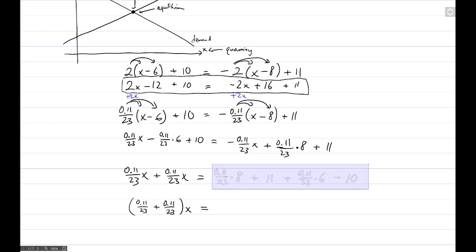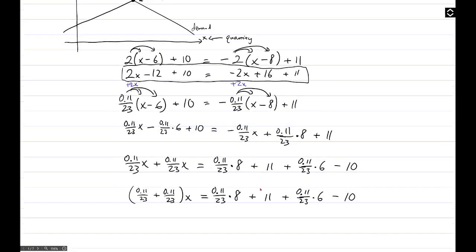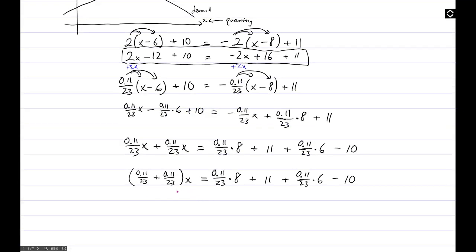The right side is the same, so I'm just going to do a bit of a copy paste here. And then finally, to get x by itself, we have this number times x. So we should just divide what is on the right side, as you know, and the left side, both by, let me try that again here.